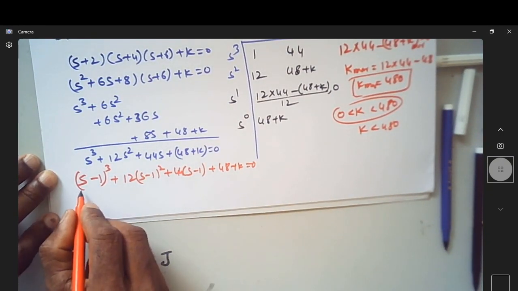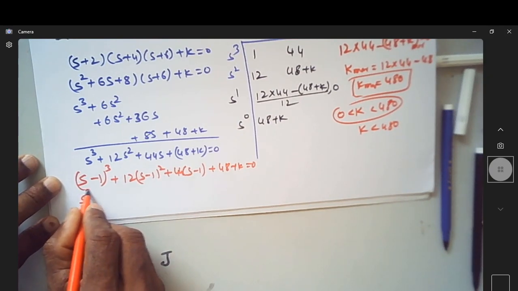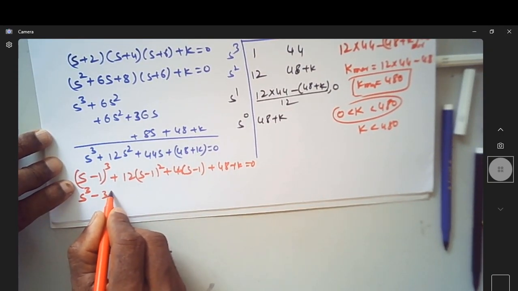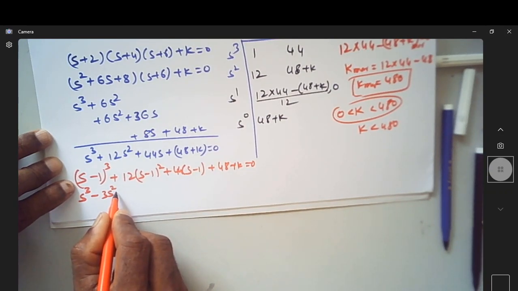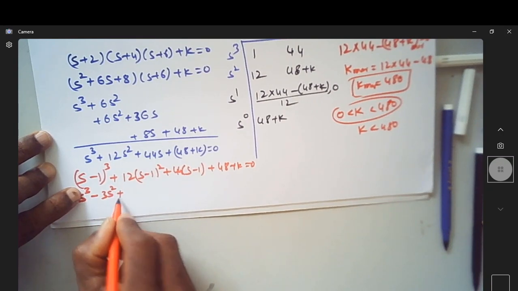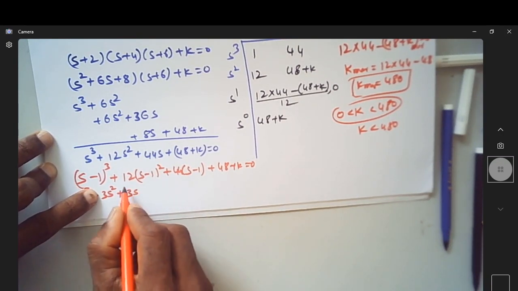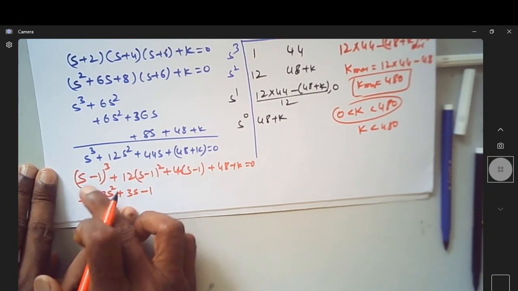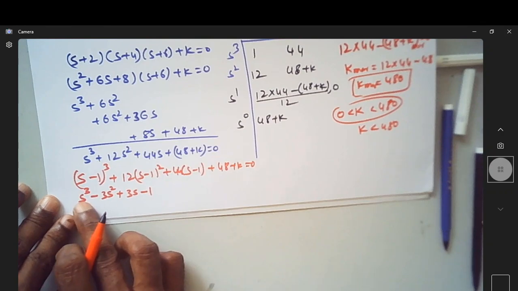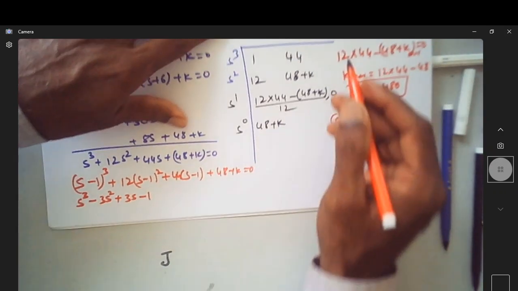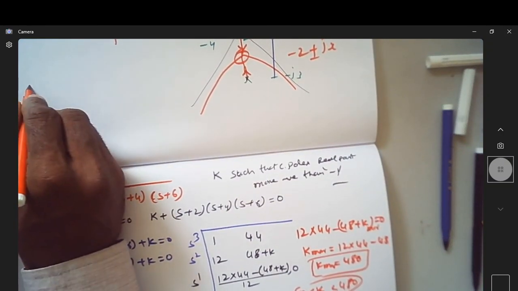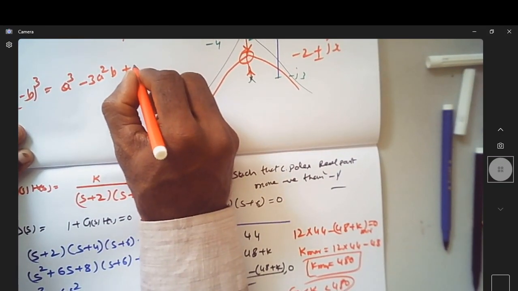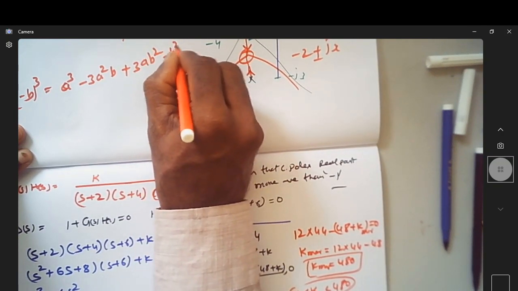Now I know that (a minus b) whole cube is a cube minus 3a square b plus 3ab square minus b cube.